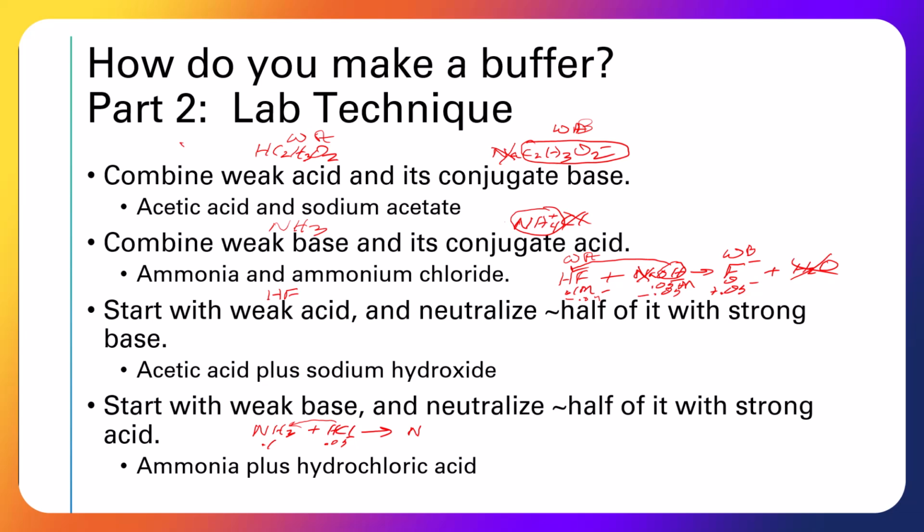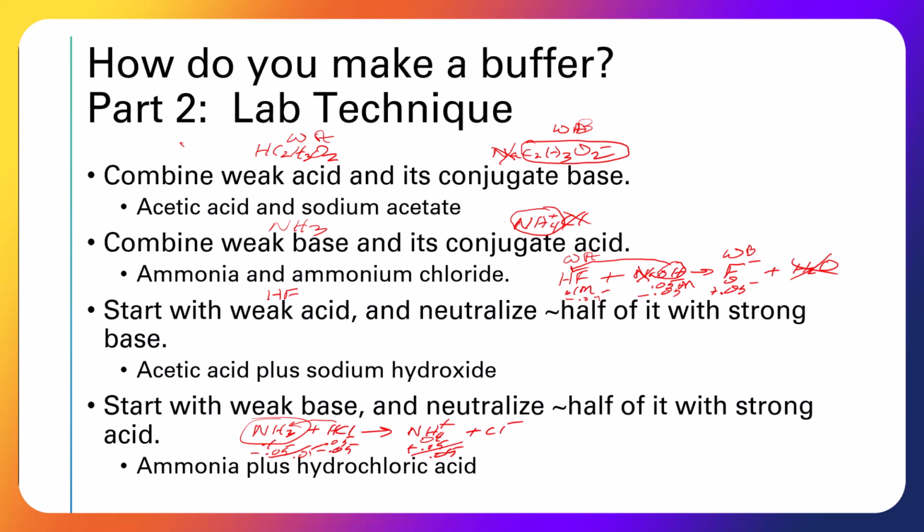You're going to get NH4 plus, and you'll have some Cl minus floating around. Now, you start out with none of that, but this reaction goes all the way. And so what we wind up with is 0.05 molar of the weak base, and then we're adding 0.05 molar of the conjugate weak acid, and we now have our buffer system. So ammonia plus hydrochloric acid.